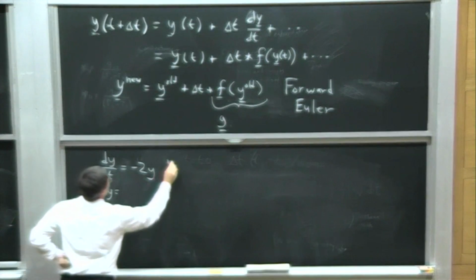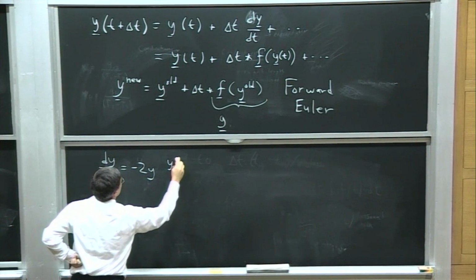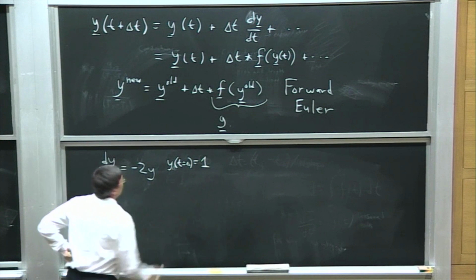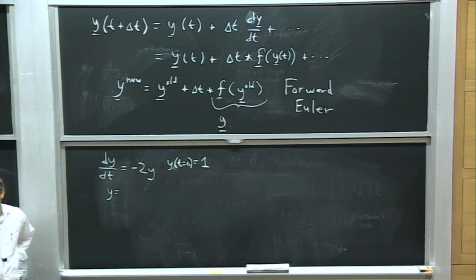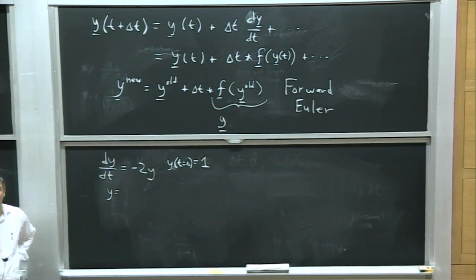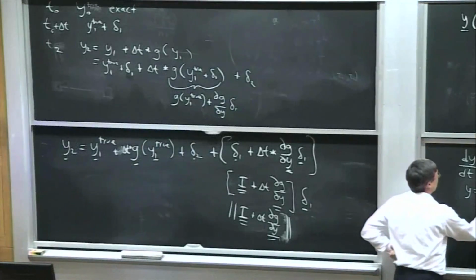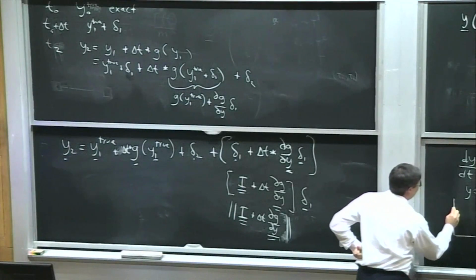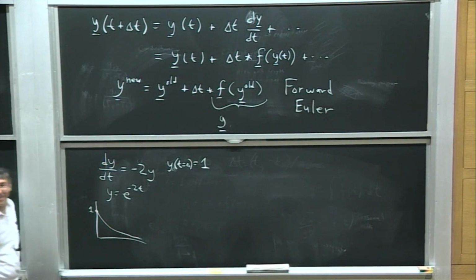With y naught, y at t equals 0, equal to 1. What's the solution? Okay? So it's a perfectly well-behaved function. There's a plot, we can plot it. Here's 1. It goes here.